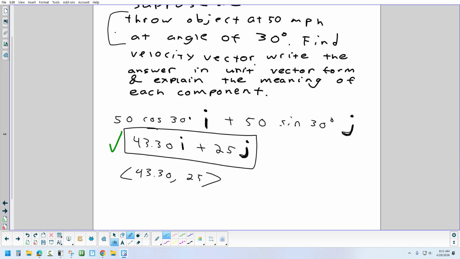Velocity. What velocity? The velocity of the object. Can you be more specific?